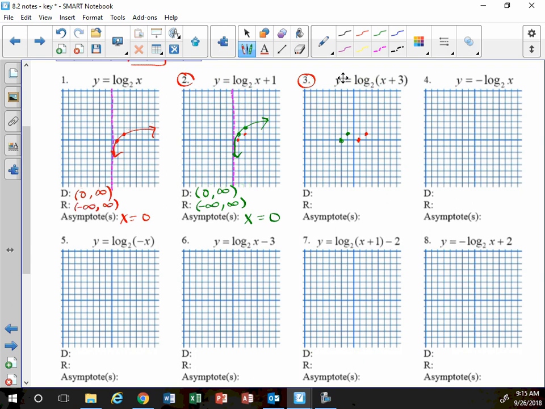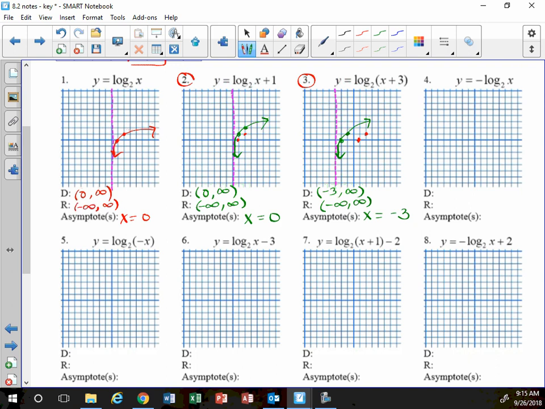So it went left as well. It is all the way over here at -3. So your domain is now from -3 to infinity. Range is still -infinity to infinity. Asymptote is at x equals -3.